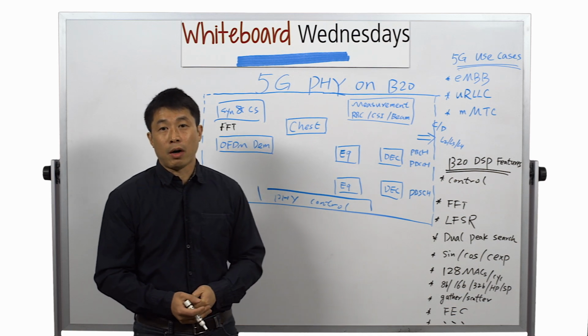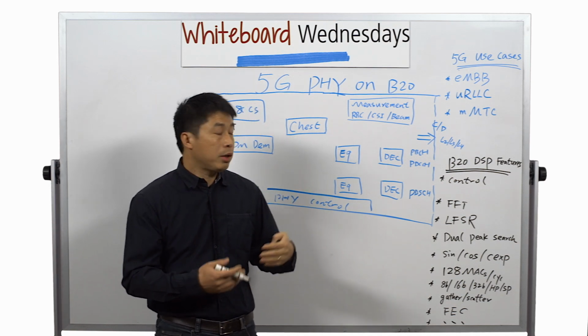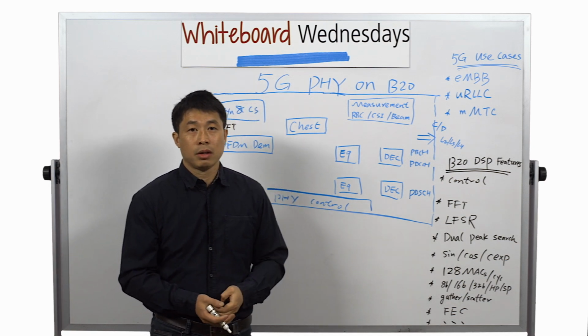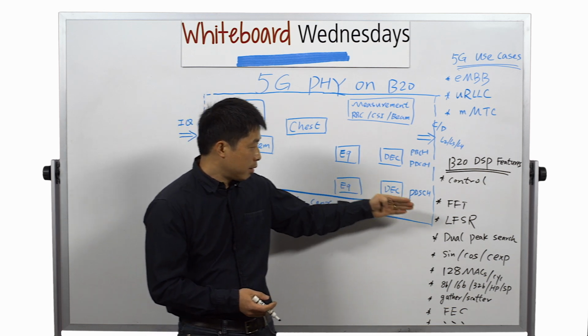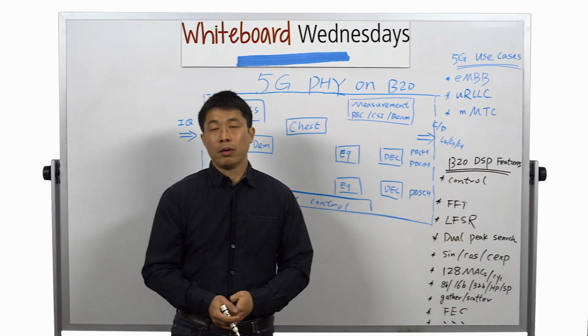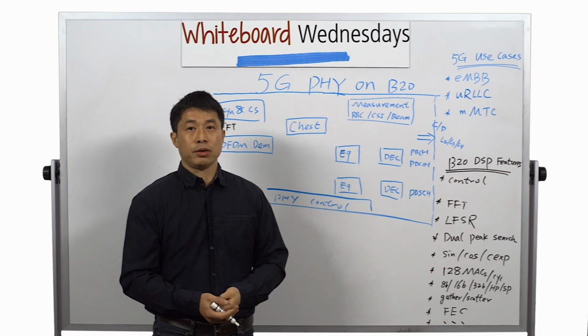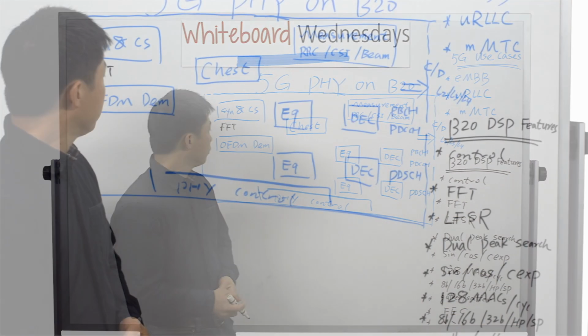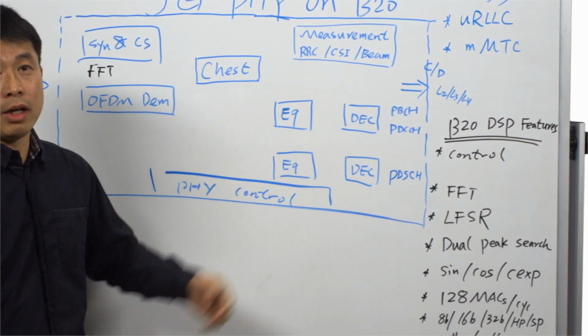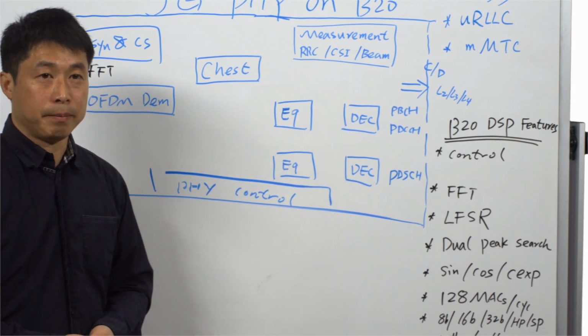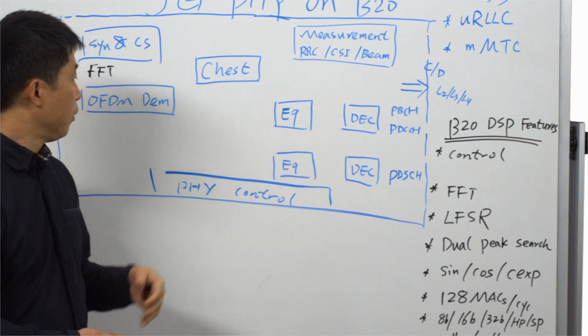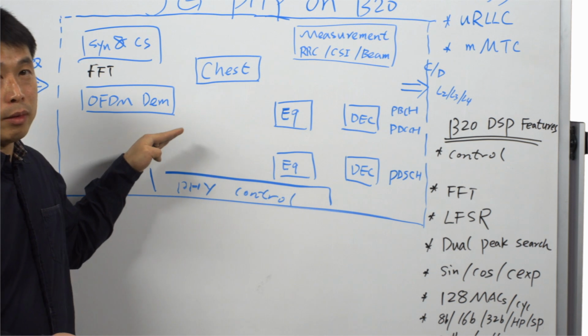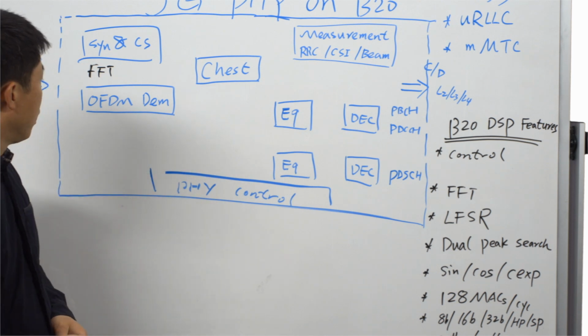Once you find the frequency offset, you need to do the correction. B20 has sine cosine complex exponent to generate the phase rotator for you. 5G is still an OFDM system, so you need to do OFDM demodulation here.